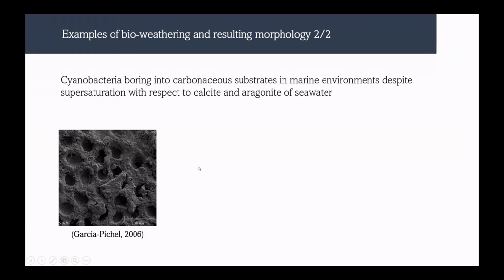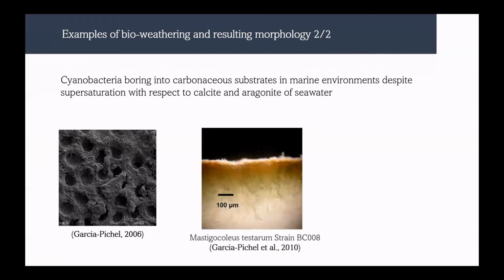And so a different mechanism could be involved. In this other study, we see that a specific cyanobacteria strain, a filamentous true boring strain, is able to bore into a calcite substrate very deeply, for more than 100 microns.